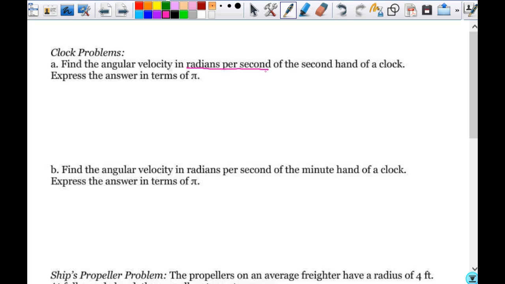All right, so find the angular velocity in radians per second of the second hand of a clock, and express the answers in terms of pi. Radians per second. I'm looking for angular velocity, so my omega equals theta over time, and it's supposed to be radians per second.